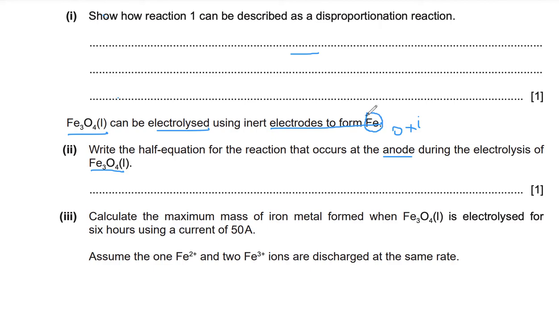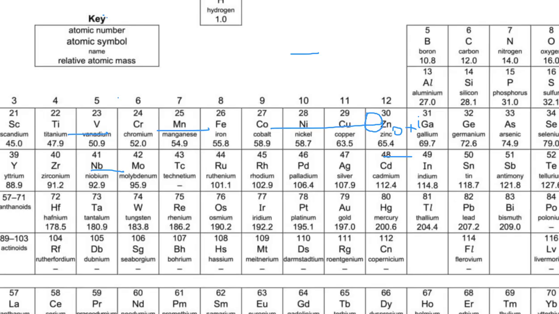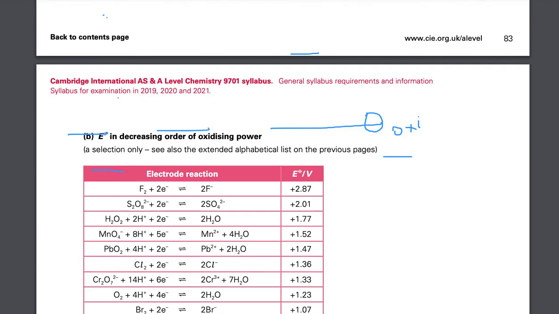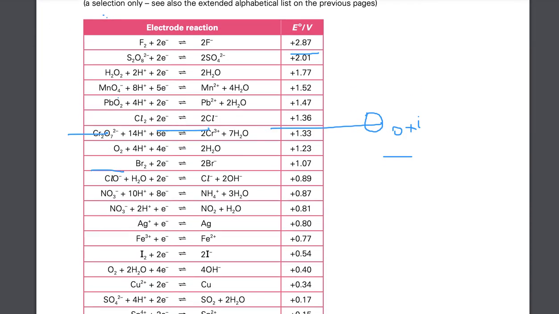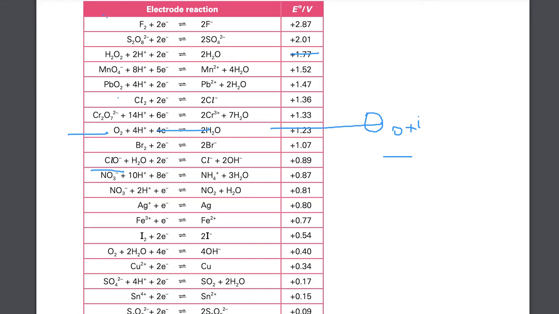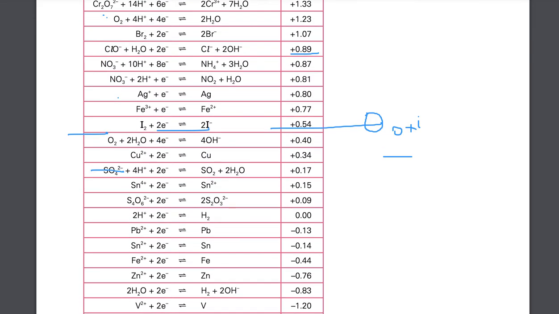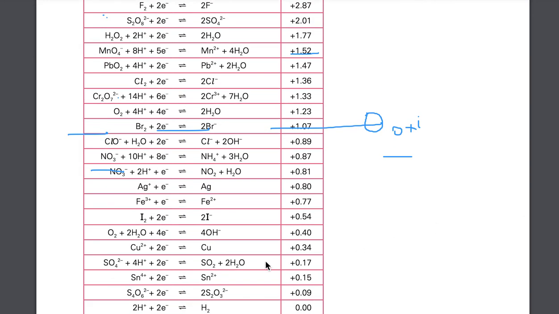So let's look at the data booklet and write the oxidation equation for Fe. So where do we find Fe? Let me see. So one is Fe plus 3 to Fe plus 2.